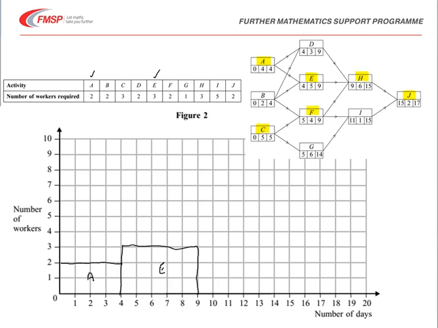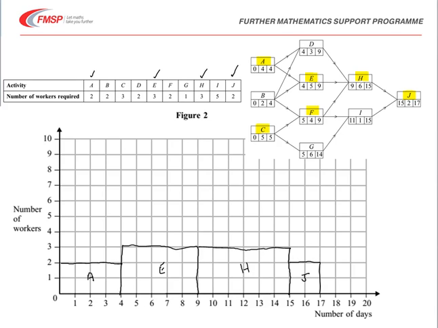So that is E. H is also 3 workers, takes 6 days, so goes up to day 15. And finally, J only requires 2 workers and takes 2 days. So that is J.